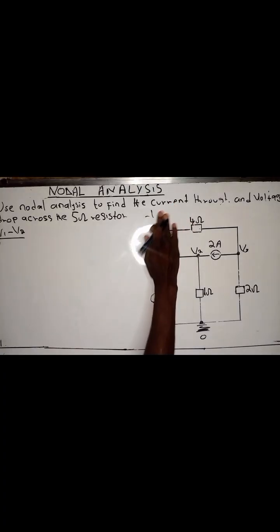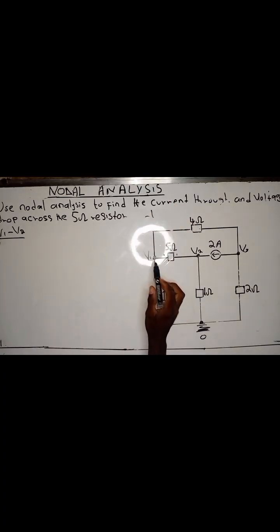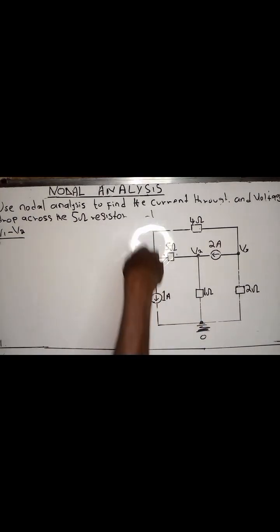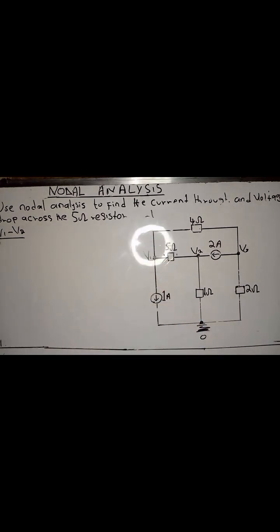So here our current is negative 1, because the current is going away from the voltage. So from V1 to V2, V1 minus V2 over the resistance between V1 and V2, which is 5 ohm.